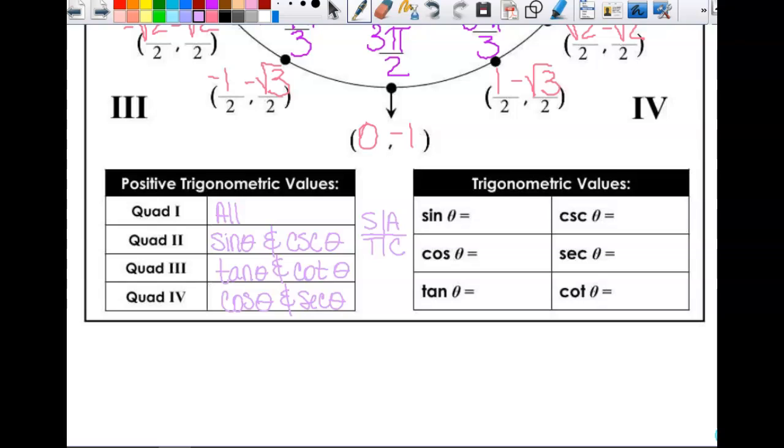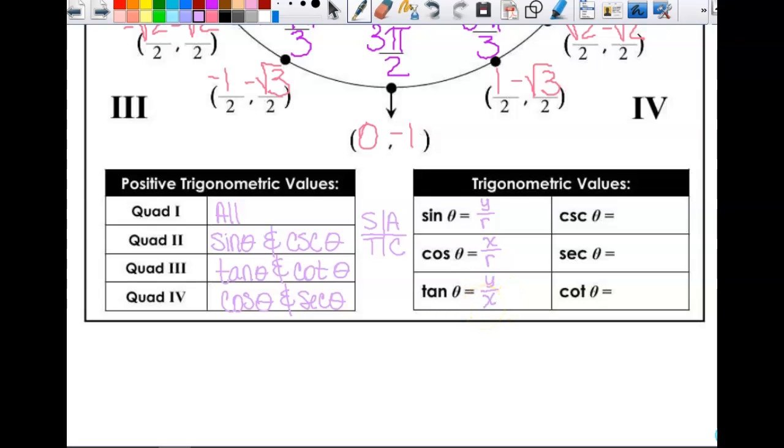So we do know that sine is y in a unit circle, but in any circle, it would be y over r, and it ends up just being y in the unit circle because the radius is 1, right? We're just going to kind of generalize it here. That means cosine would be x over r, and tangent is y over x.